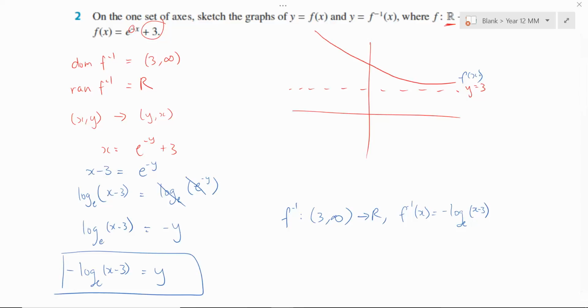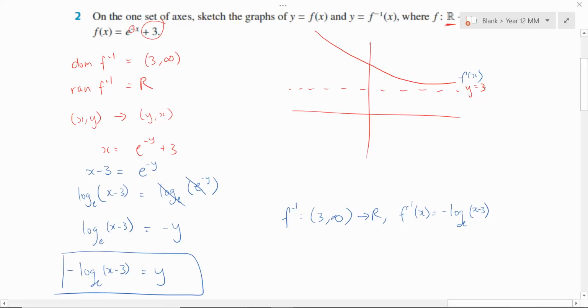Now if you got the equation, hopefully you can visualize from this equation. You can read that equation, draw your log graph, or you can try to reflect and do a symmetry along y equals x. Let's have a look. Y equals x.